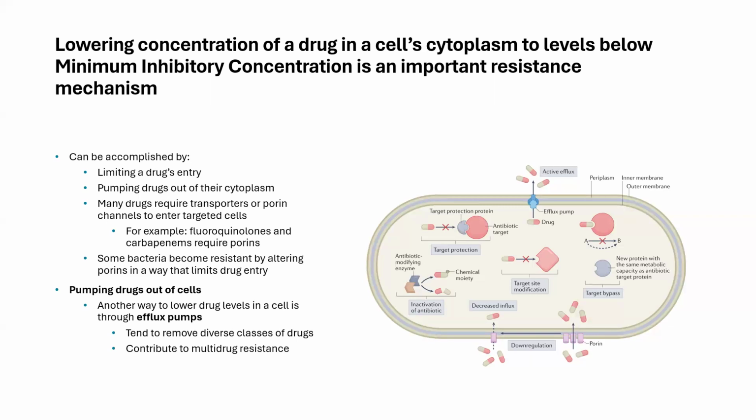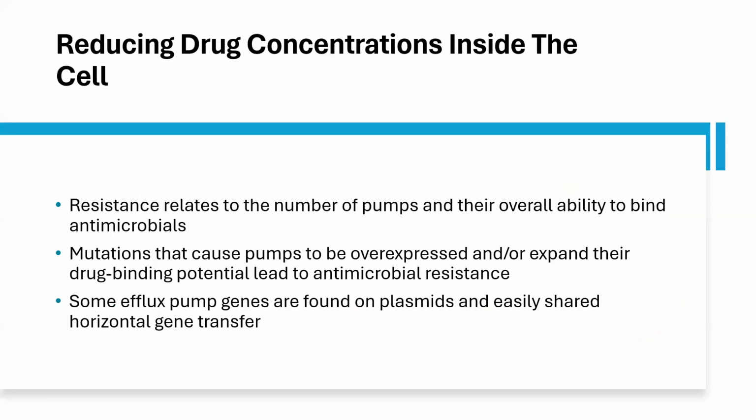Many drugs do need some sort of help getting in. So if the bacteria have some sort of mutation that changes the porin shape, it can actually reduce the amount of drug that enters the cell. This can also happen by just having more pumps. If you have more efflux pumps, you can pump more stuff out. You can get these either through mutations that cause overexpression or through horizontal gene transfer.